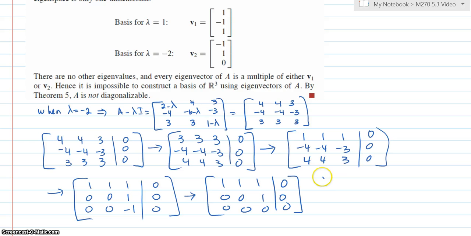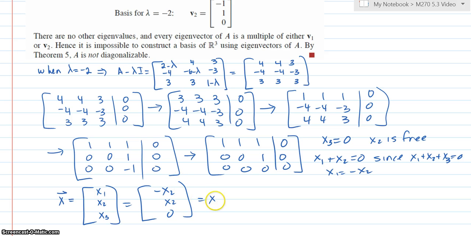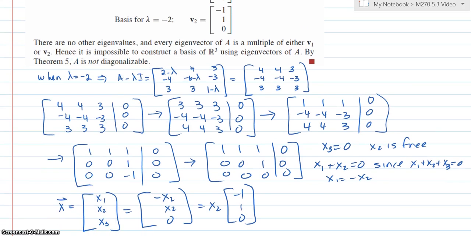So I end up with x3 equals 0. So I just have x1 plus x2 equals 0, because I really have x1 plus x2 plus x3 equals 0, but x3 is 0. So if I write that up, the only thing we have free is x2. We know that x1 equals negative x2. You can see we only have one vector. We have that v2 there.